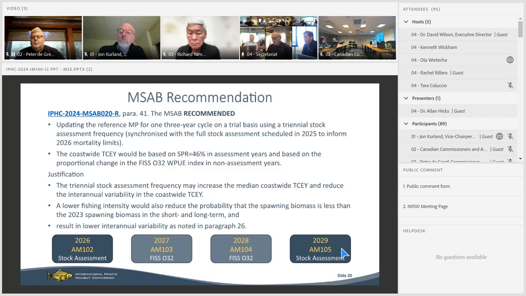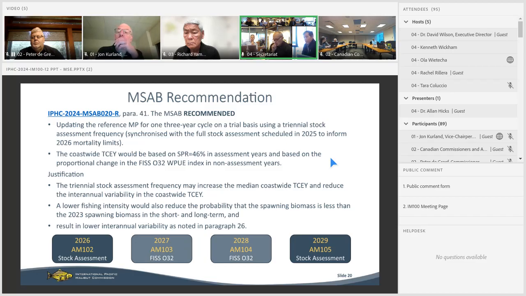So the second part of the MSAB recommendation up top here is to change the reference SPR to 46% in those assessment years and non-assessment years based on the proportional change in the FISS WPUE. The justifications for this, as we saw, the triennial stock assessment frequency increased the TCY, reduced interannual variability.